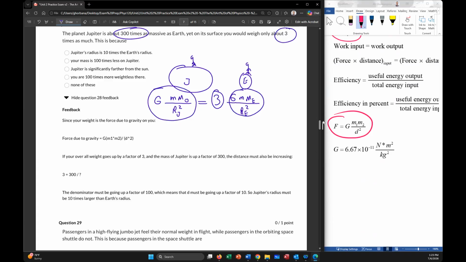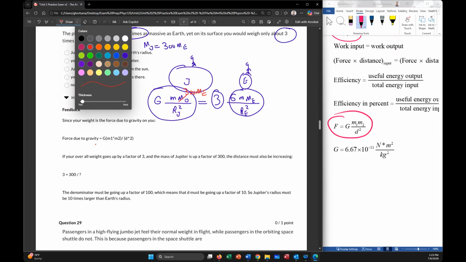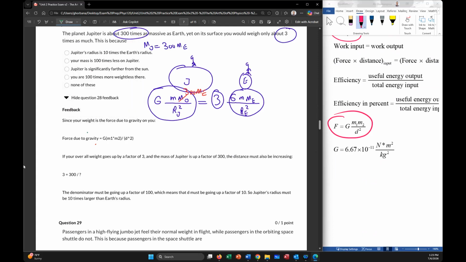Good? Okay, so I just try to simplify. You remember it was telling that the mass of Jupiter is how many times mass of Earth? 300 times mass of Earth. Good. Here, instead of mass of Jupiter, I write 300 mass of Earth. So try to simplify this. Mass of Earth cancel each other.